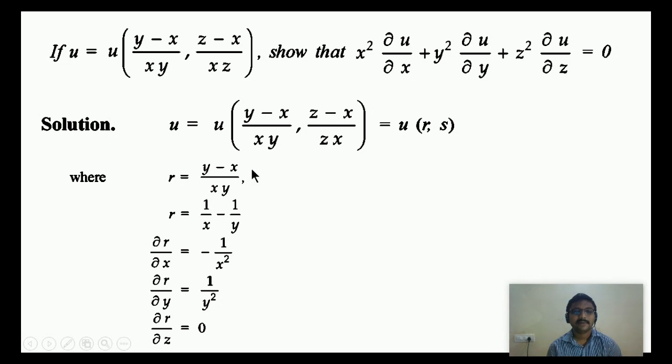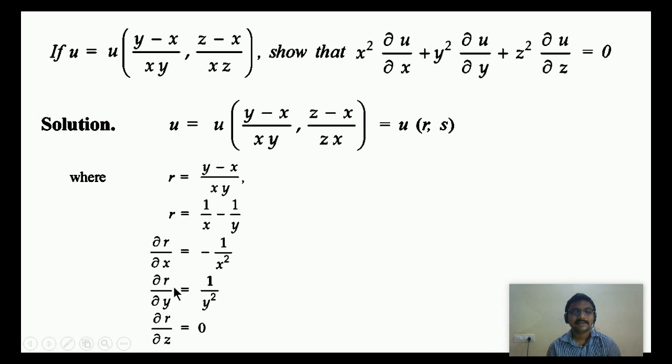So r is (y minus x)/xy. We need the partial derivatives ∂u/∂x, ∂u/∂y, and ∂u/∂z. To compute these partial derivatives, we need some derivative values: ∂r/∂x, ∂r/∂y, and ∂r/∂z.